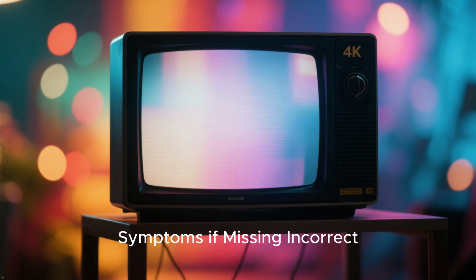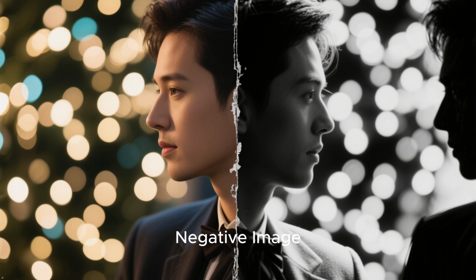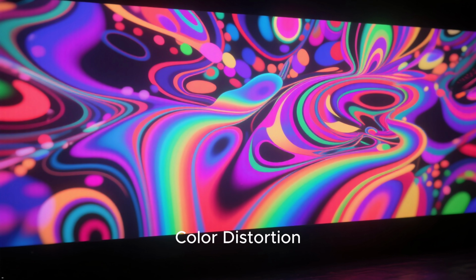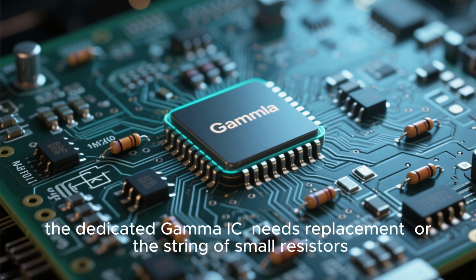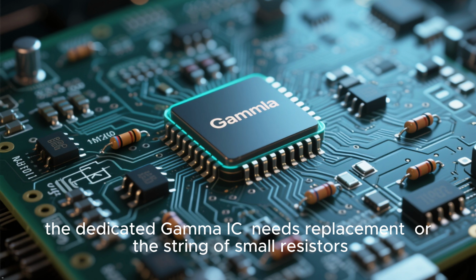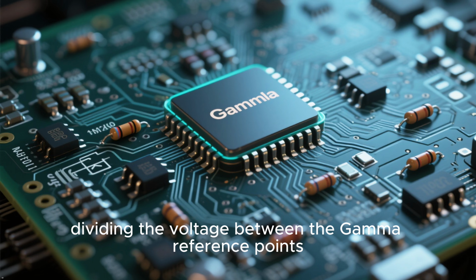Symptoms if missing or incorrect: inverted colors, specific color missing, negative image, color distortion. Repair approach: the main culprits are the dedicated gamma IC needing replacement, or the string of small resistors dividing the voltage between the gamma reference points.